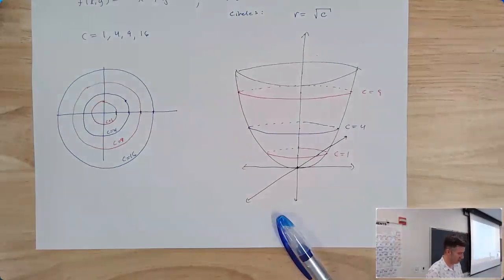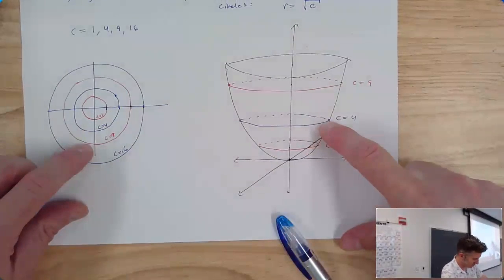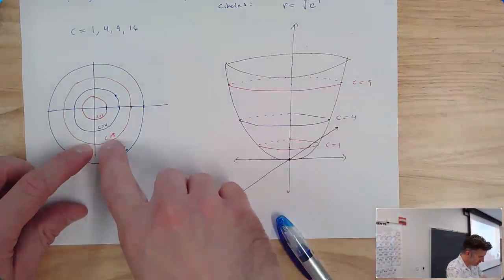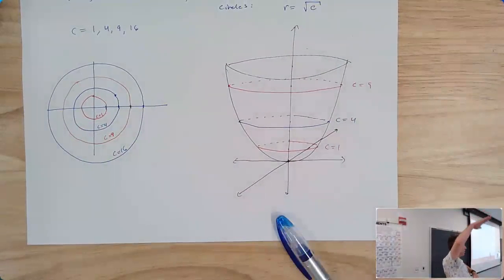That's the correspondence, right? That circle is literally the same as that circle. That circle is the same as that circle. That circle is the same as that circle. And the c value is really just telling you how high up they are in the z direction.